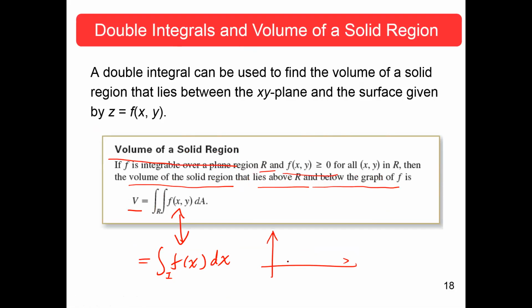Yes, so suppose this is interval I, and here's f of x, then the single integral basically tells you area, right? So you can tell that area would be a single integral and volume will be a double integral. The quantity keeps increasing, and so does the corresponding size. Okay?